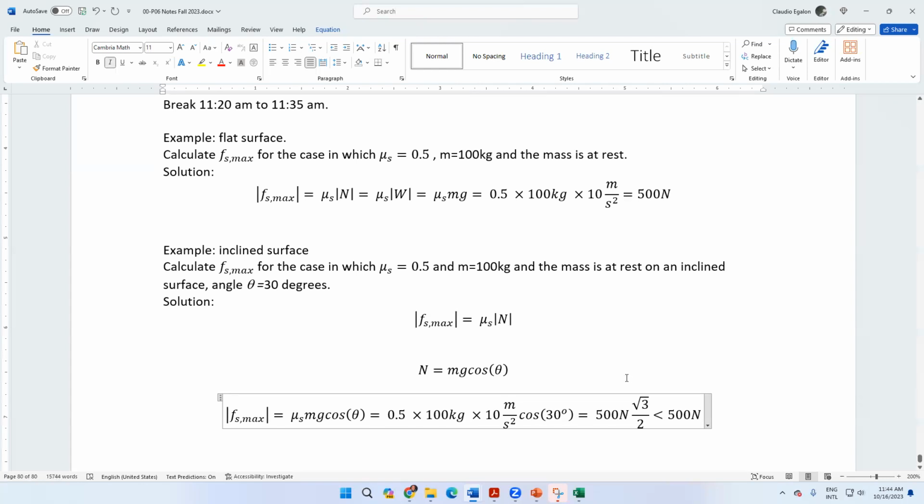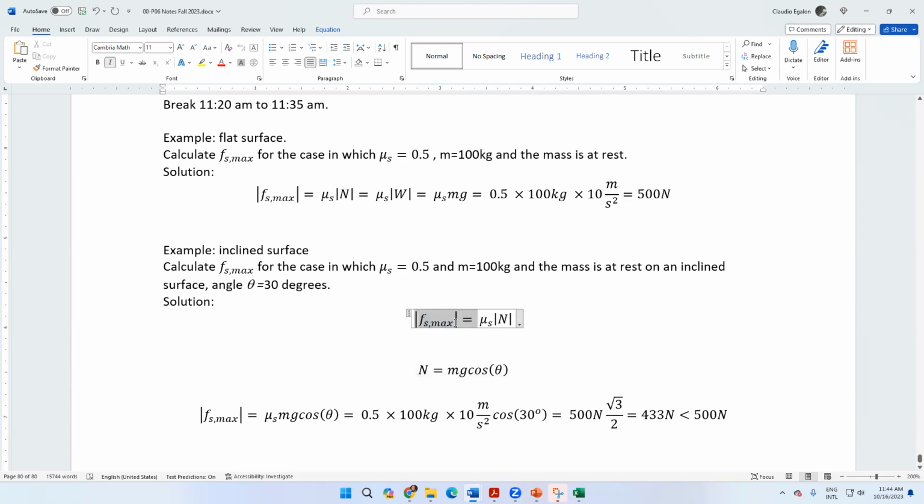Yeah, 433, which is less than 500. So whether the surface is inclined or not, it affects the maximum value of static friction.